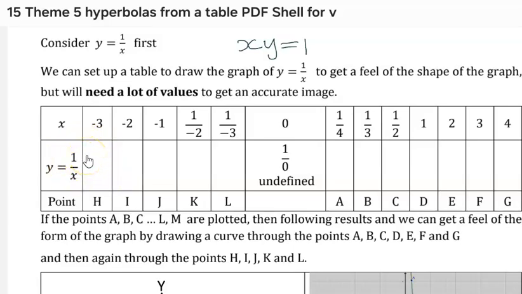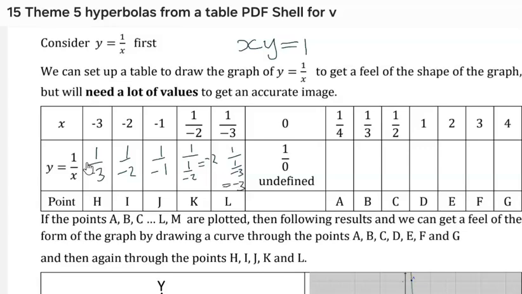So if I put in minus 3, I get 1 over minus 3, and 1 over minus 2, 1 over minus 1, 1 divided by minus a half, that will give me minus 2, and 1 divided by minus a third, that will give me minus 3.